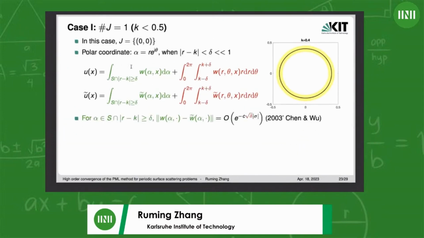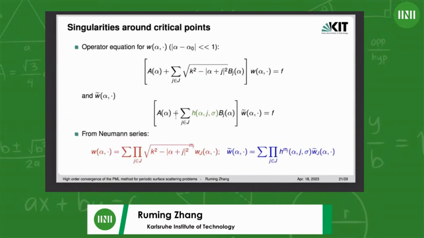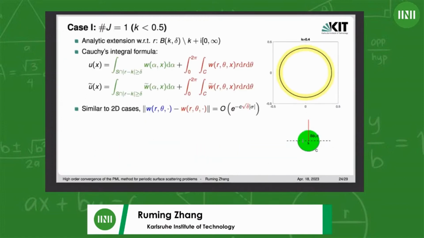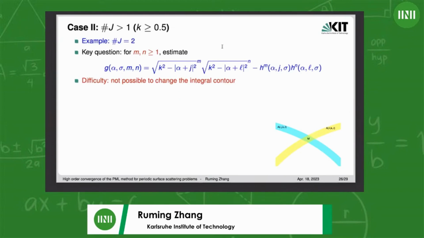So here there will be more than 1 element, and that is why I wrote the formula here. So we have to consider the convergence of this function, which has more than 1 square root term. The idea is very natural: I have to consider the convergence of this function directly.